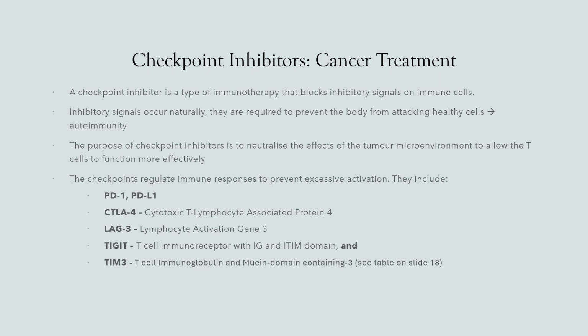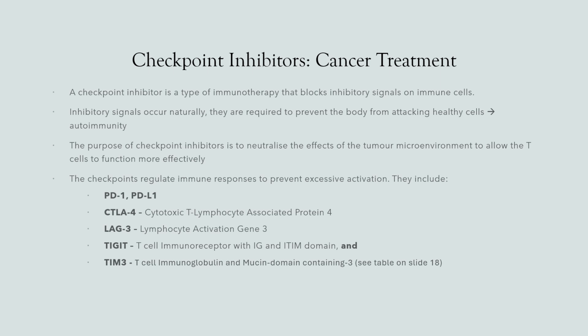The checkpoint inhibitors that I'm going to be talking about are listed here. Some of them, not all of them. So we've got PD-1 and PD-L1. PD-1 is only expressed on activated cytotoxic CD8 T cells, and they're the programmed death proteins, and they have an inhibitory receptor.